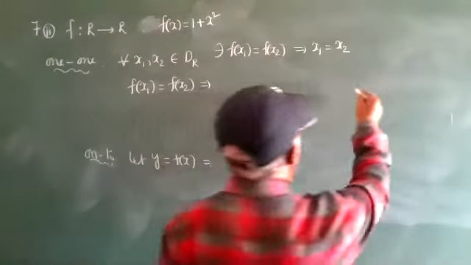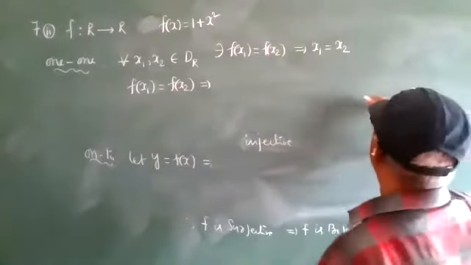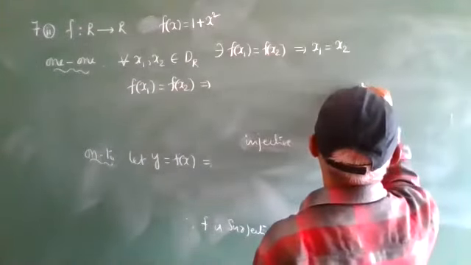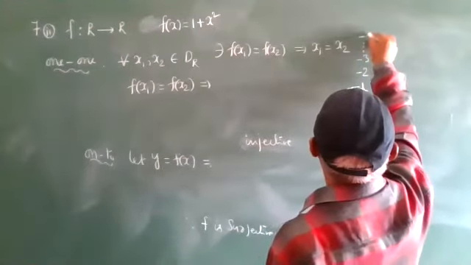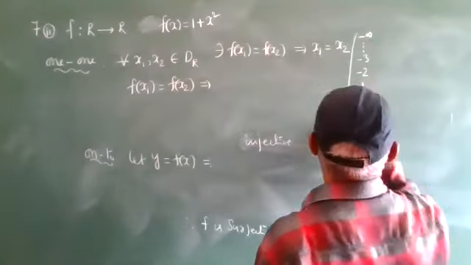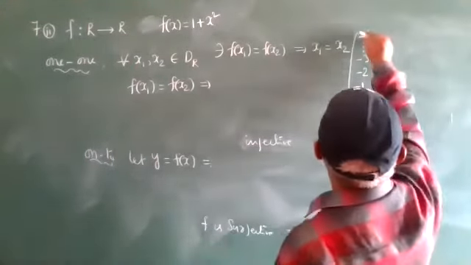See, real numbers. What are the real numbers? 0, minus 1, minus 2, minus 3, up to minus infinity, and 1, 2, 3, up to plus infinity.